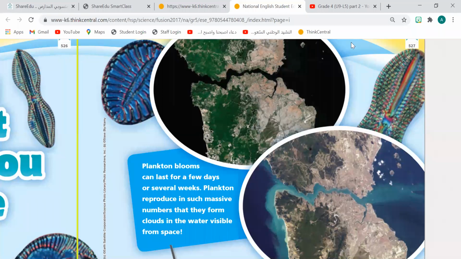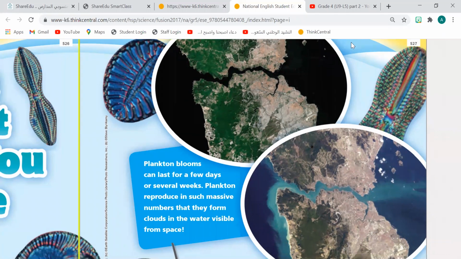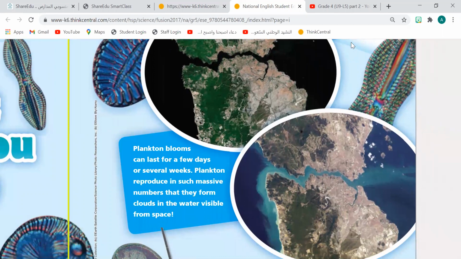I think you must have seen them before. Have you ever seen plankton? Maybe a small cloud in the water, and you wondered what it is? You don't know really what it is? This white thing, it's a little bit green, not really white. I'm going to show it to you.